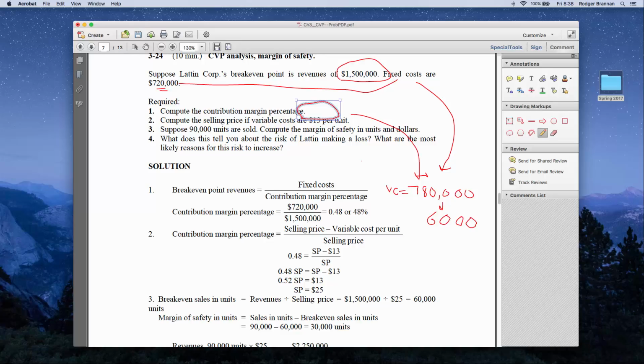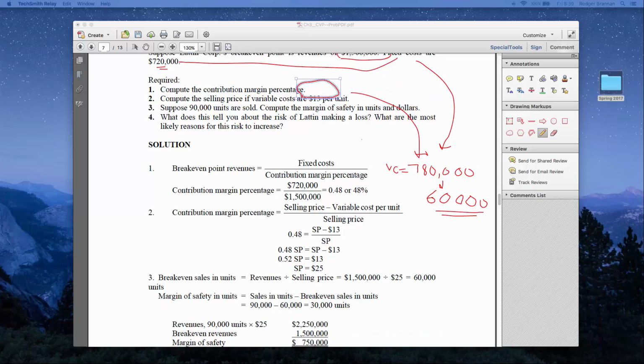That is assuming that my variable costs total $780,000, and if they give me up here that is $13 per unit, that means I'm selling, by definition, 60,000. At that point, 60,000 times 13 will give me $780,000. Now, once I know that, it becomes a very straightforward proposition. Divide 60,000 into 1.5 million, and you end up with $25. So the algebra is probably a little bit more complicated than it needs to be.